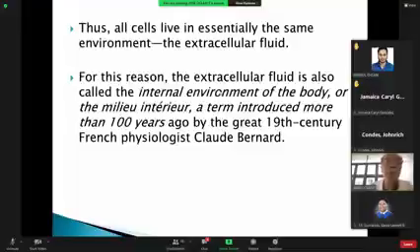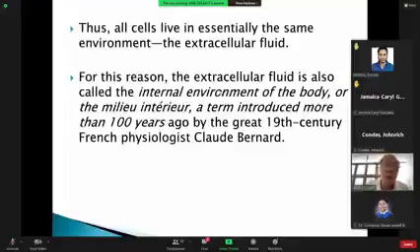So all cells therefore live in essentially the same environment. As I said, all the cells of our body are suspended in extracellular fluid. All the cells of our body are surrounded by an extracellular fluid. For this reason, the extracellular fluid is also known as the internal environment of the body, or milieu intérieur, as it was introduced 100 years ago by the great 19th century French physiologist Claude Bernard.